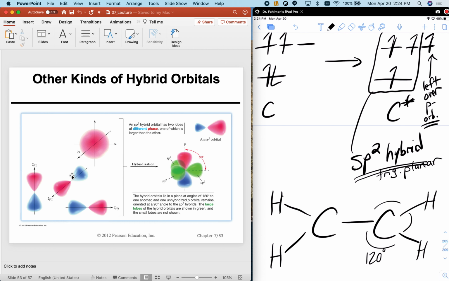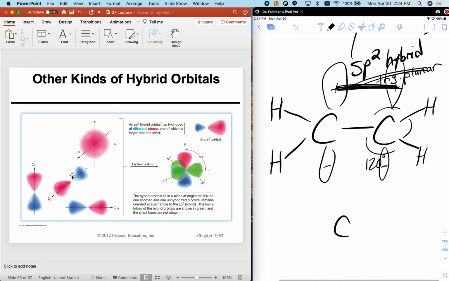But carbon doesn't have an octet this way. So what happens is these are all sp2 hybridized, and you still end up with a leftover p on each of these carbons, and that can overlap to form a double bond. So this is the structure for ethylene.